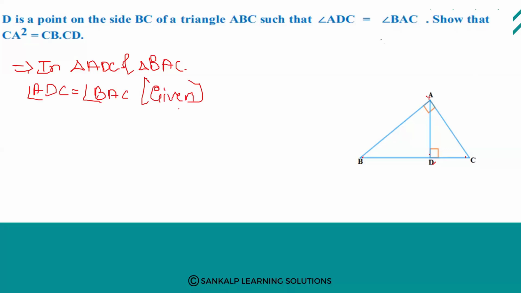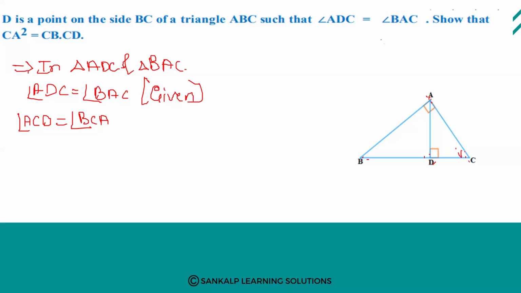Next, when you consider triangle ADC and ABC, angle C is common for both the triangles, right? Therefore, angle ACD is equal to angle BCA.